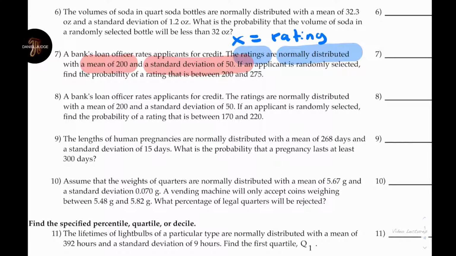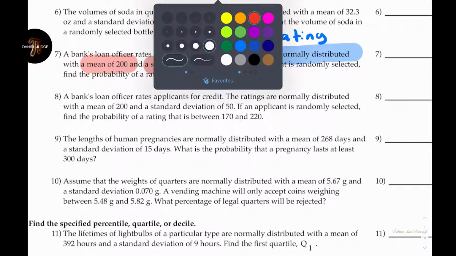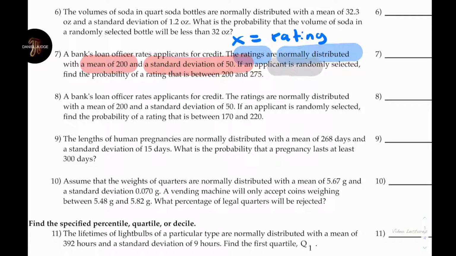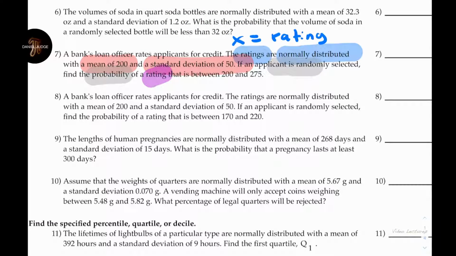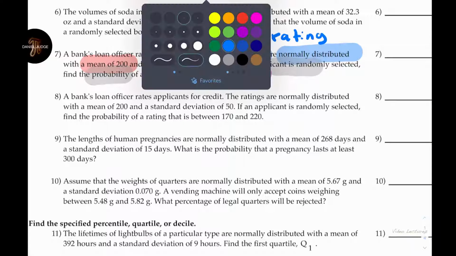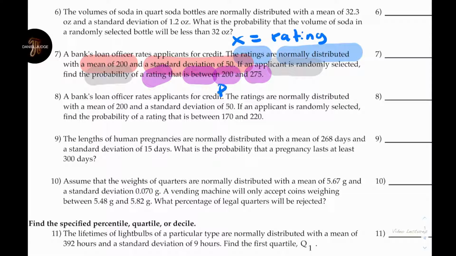So, mean of 200, standard deviation of 50. What do they say? If an applicant is randomly selected here. It's a probability that the rating, X, is between 200 and 275. So X is between those values. What they're saying is 200 is less than or equal to X, which is less than or equal to 275.